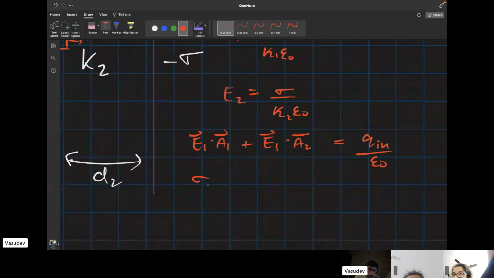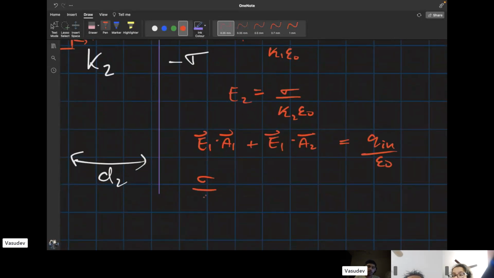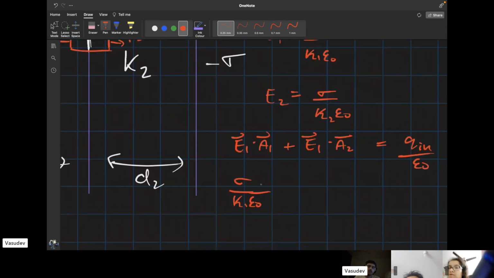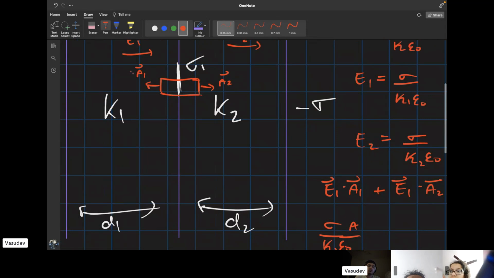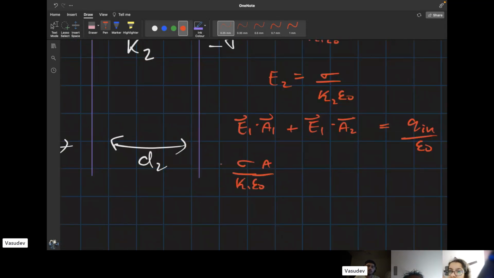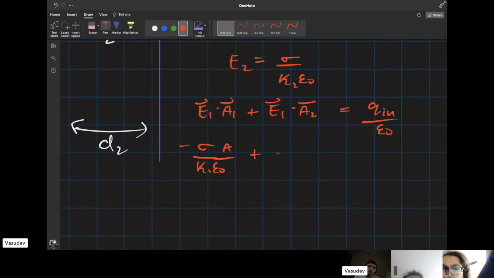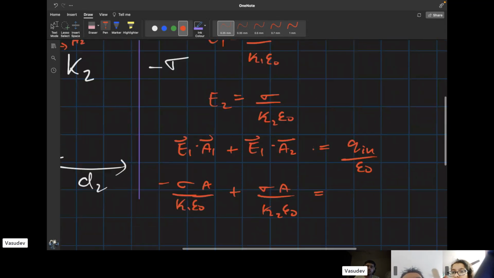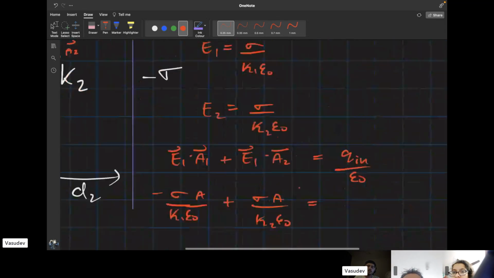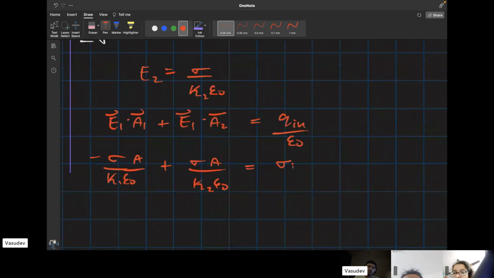So right from here it's just substitution. So we go sigma by kappa 1 epsilon naught. Let's assume that area to be A. This is going to be negative because the dot product of two vectors in opposite directions is going to be negative, plus sigma A over kappa 2 epsilon naught. That's going to be equal to the charge enclosed. Now we call that sigma 1, so the charge enclosed should be sigma 1 A by epsilon naught.